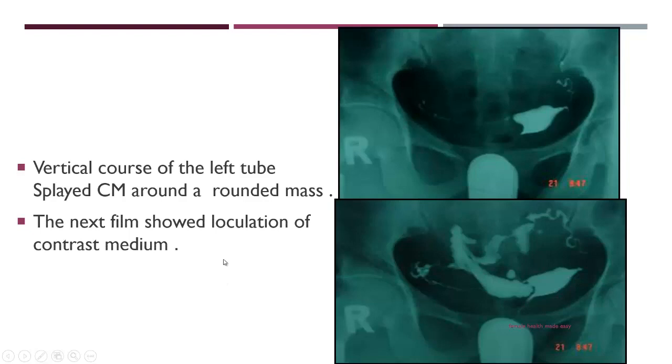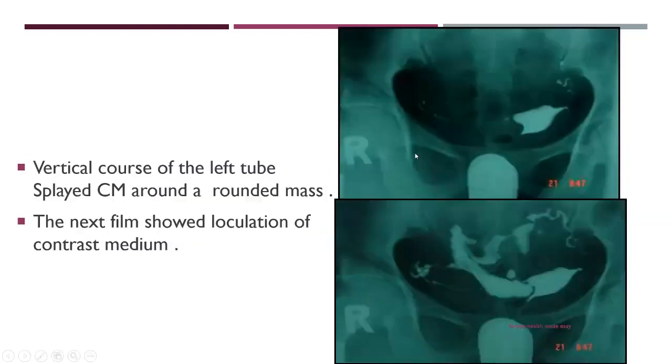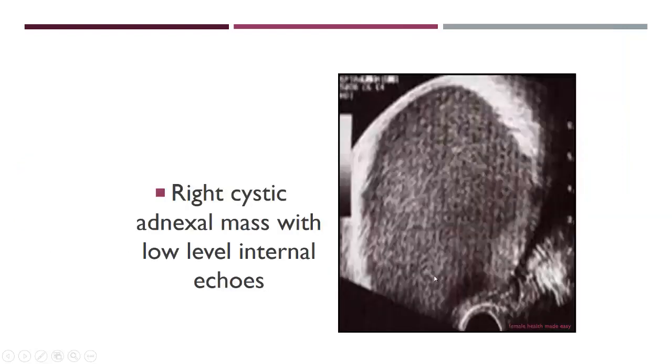And here the contrast shows loculation. In the control film, there is loculation. So we have here a vertical course of the left fallopian tube, splayed contrast around a rounded mass, and the next film shows loculation of contrast. This is the typical loculation due to pelvic adhesions. And this is the cause.